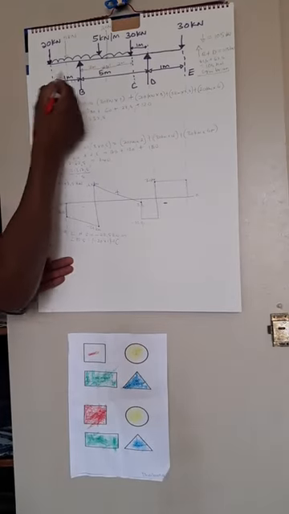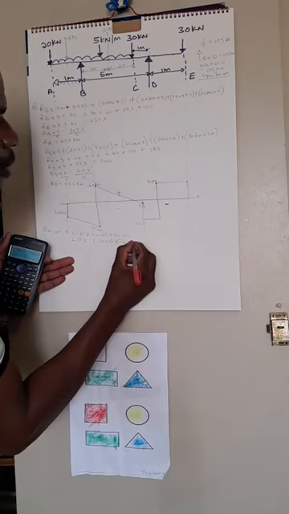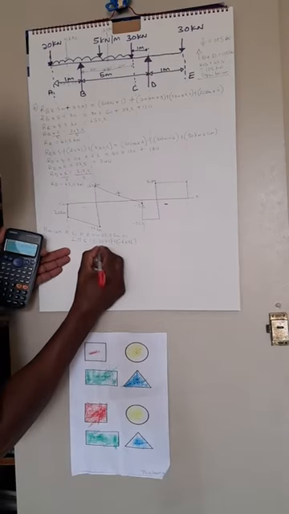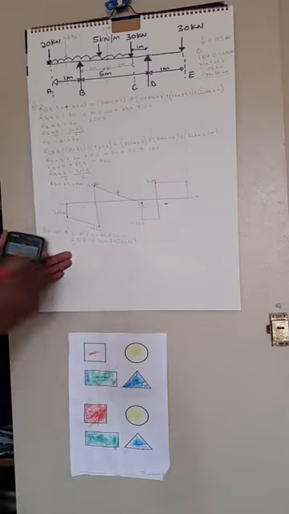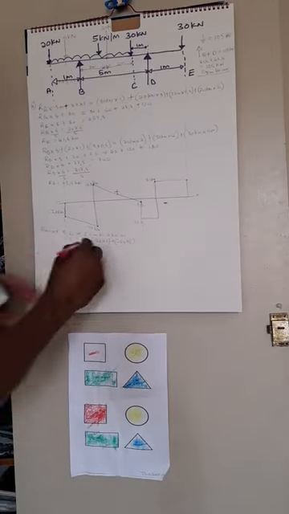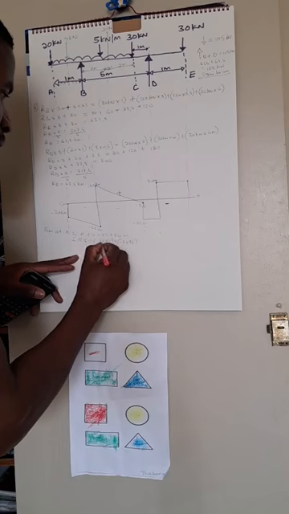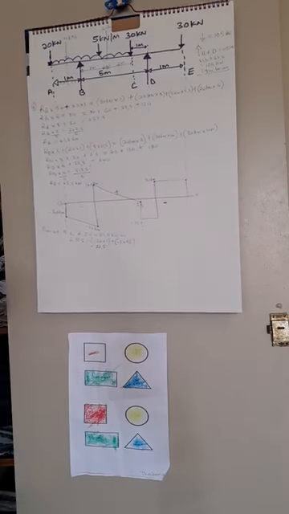Plus the second force between that area is minus 5 times 0.5. We are getting negative 22.5 kilonewton meter. So that becomes our bending moments at B, minus 22.5.